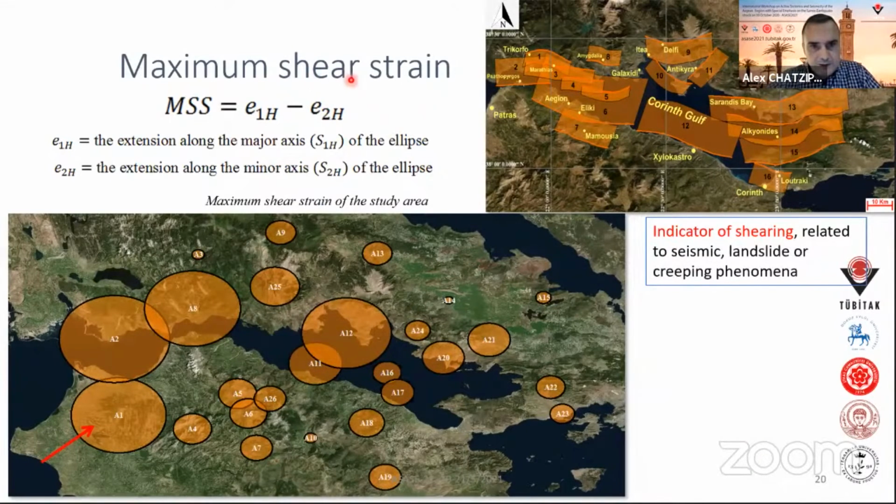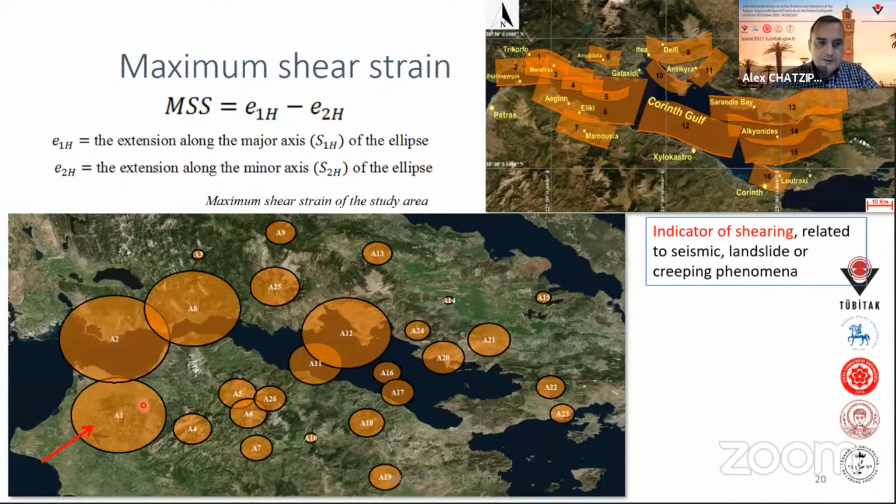However, the maximum shear strain shows a quite interesting result. These are the areas of the centroids with the maximum shear strain in various areas. Those three are consistent with the maximum extension that I showed you before. However, there is one area here that is not represented in any map. This is part of CREDAS, the Greek database of seismogenic sources, and there is no fault in this area.